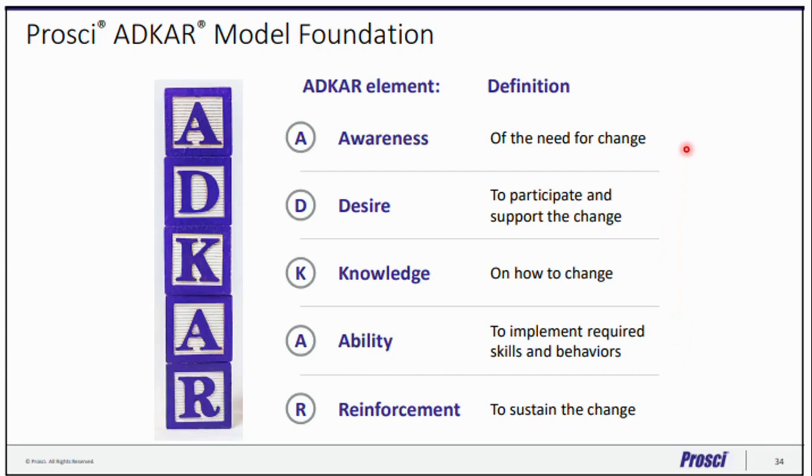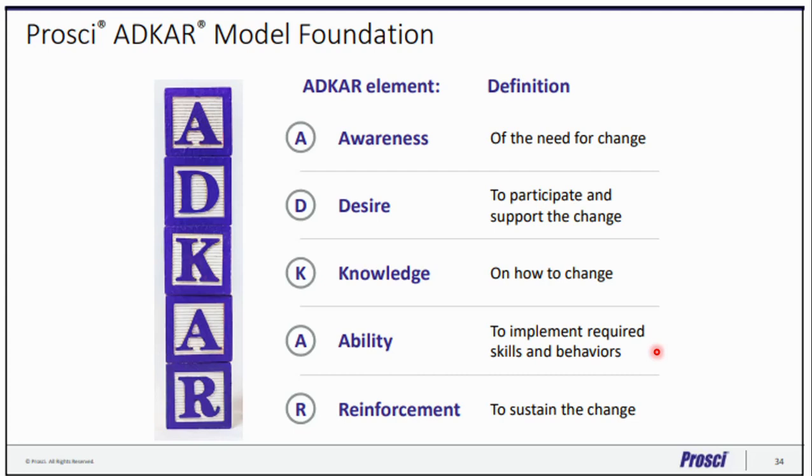Awareness is getting the fellows to know the need of the change, putting into their mind the need of the change. Desire is the switching point where a person decides, no, I will participate in this change.